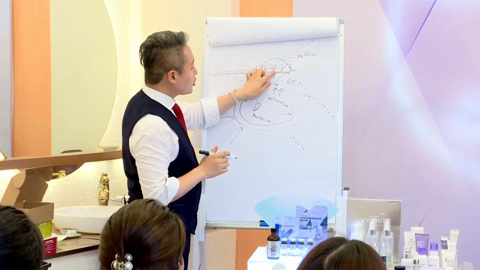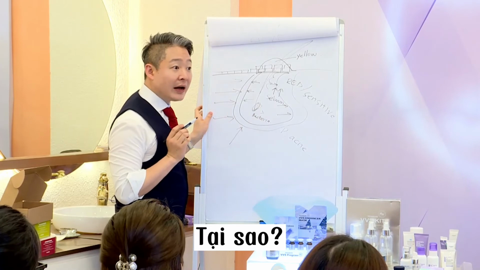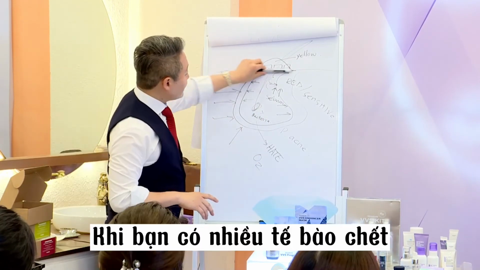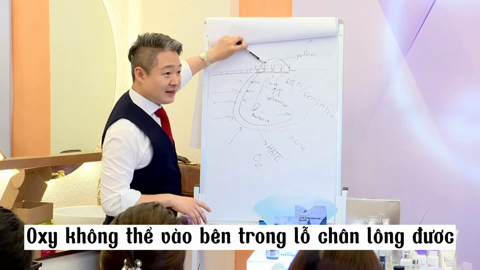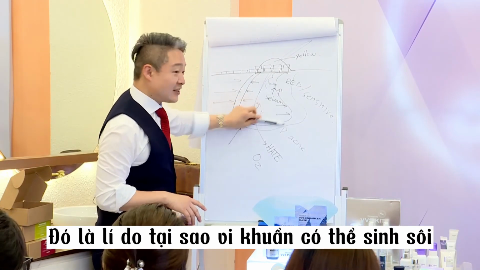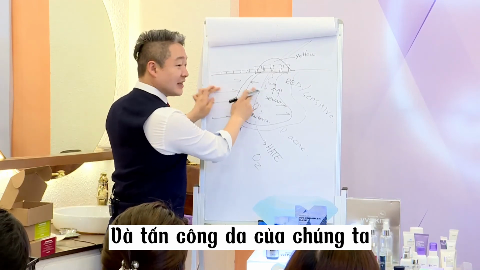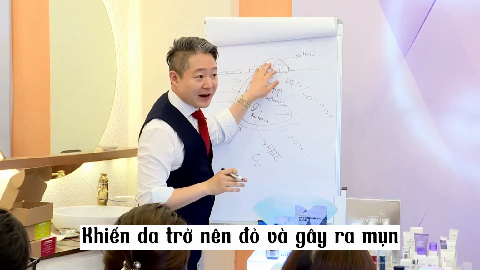When you squeeze, immediately this bacteria dies. Why? They hate O2. So dead skin, that means air cannot come in. That's why bacteria is happy to live inside. Fight between the skin, and it becomes red, and then you have the acne.